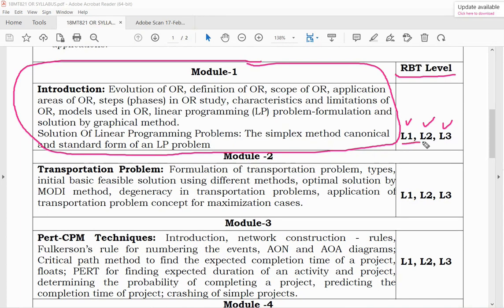We can meet these levels once we have completed all these topics, because analysis and problem solving are required, which belong to level number 3. With respect to level 2, understanding of the concept is required. Level number 1 is remembering the concept. These are with respect to module number 1 itself.